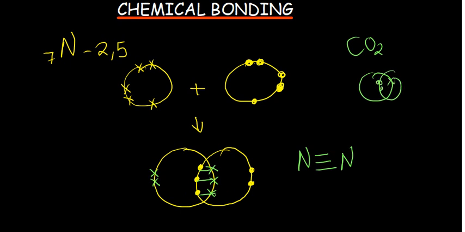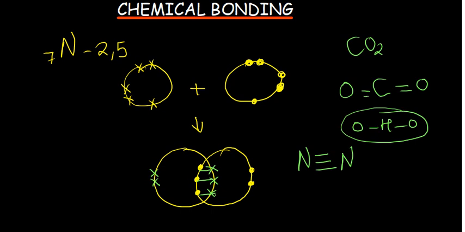So for carbon dioxide, we have got a double bond. So I'm going to say carbon, double bond with oxygen this side, double bond with oxygen this side. But for water, you only saw it was like this, so there's no double bond there. For water, you only have H, oxygen this side, H this side. So water has only single bonds, carbon dioxide has double bonds, and the nitrogen molecule has triple bonds.